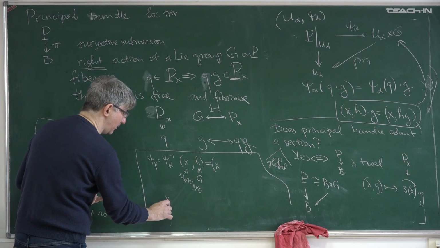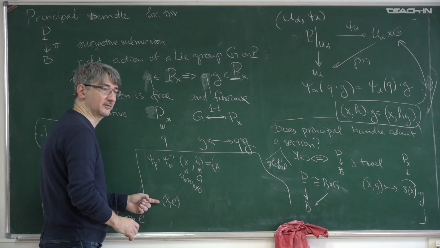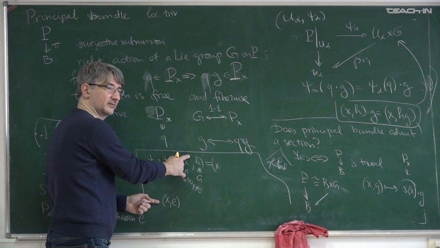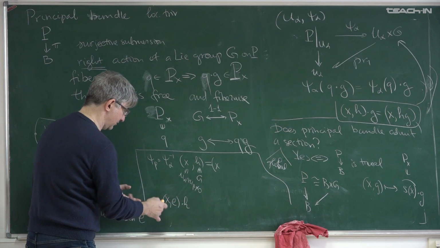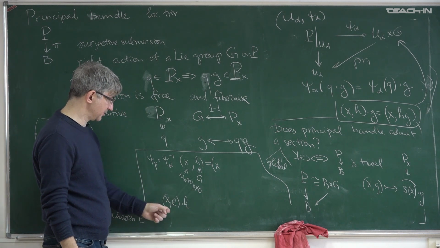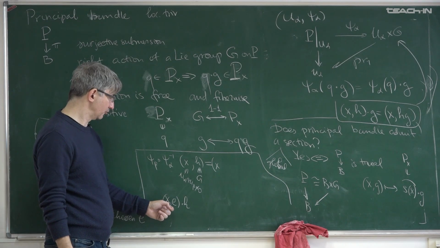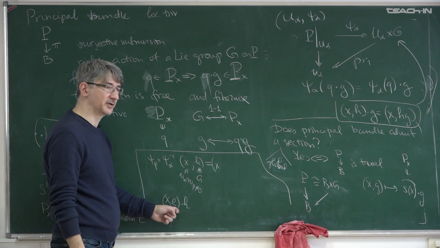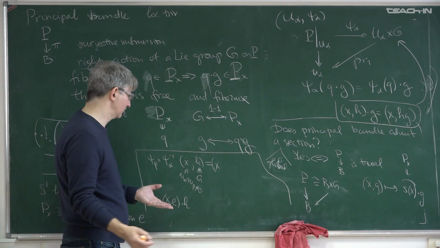If you know this thing, you will know this thing, because since this map is equivariant, you need to calculate the transition function only on this thing. Yes? Who knows which group element you will obtain in the second place? Nobody knows.